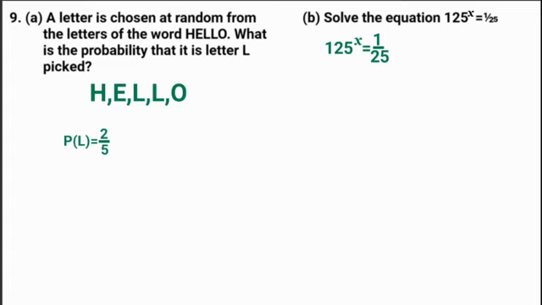So we write 125 raised to the power of x is equal to 25 raised to the power of negative 1. Now we have written 1 over 25 as an exponential using the laws of indices.